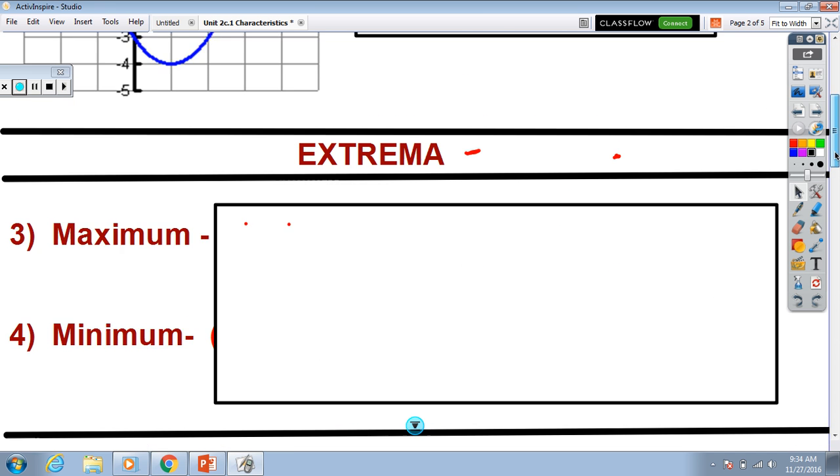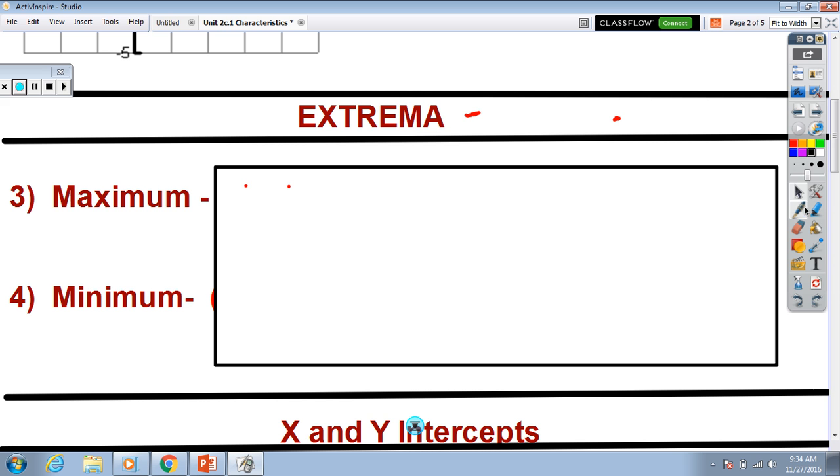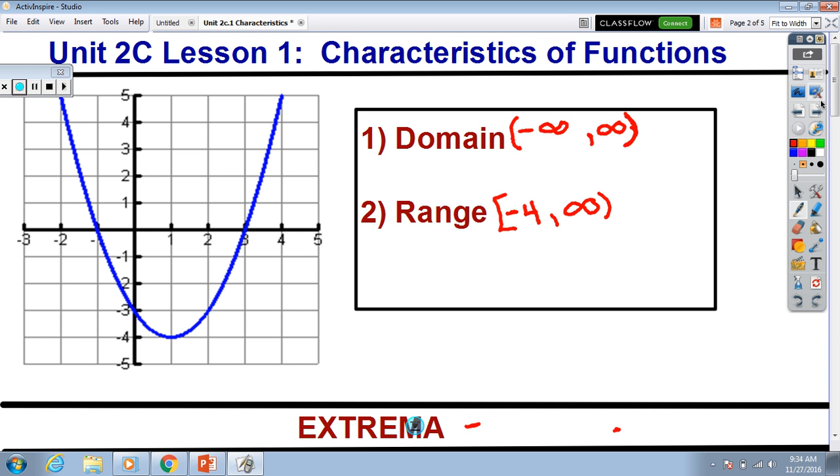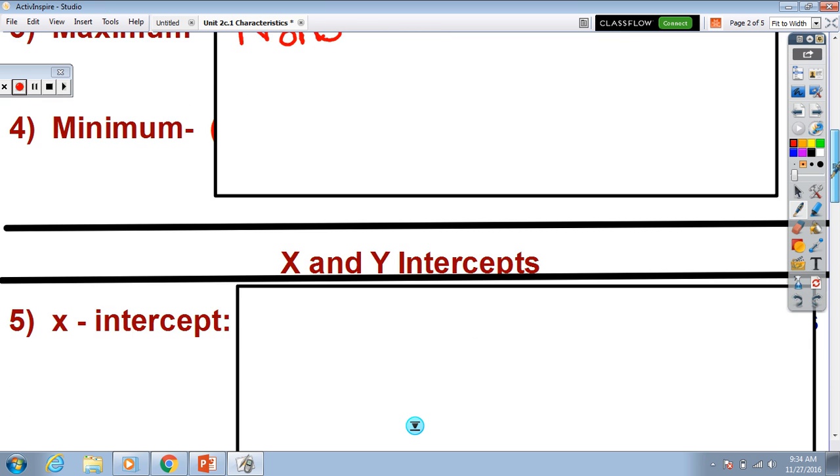So for maximum, I'm going to write none, because we can't say negative infinity, positive infinity, because that is not a point. Negative infinity does not exist. It is what we use when something continues without end. Okay, so I can't write an x and a y value for this graph where the maximum point would occur. So that is no maximum.